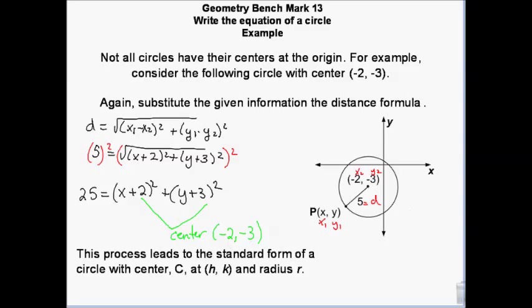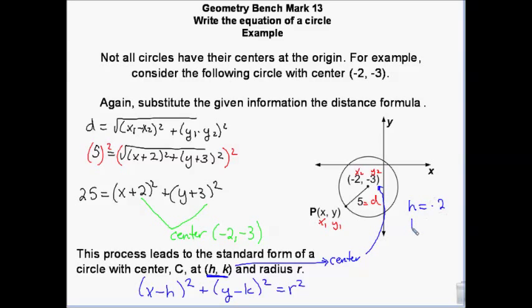And so this gives us the actual equation of a circle with any center. And that is x minus h squared plus y minus k squared is equal to r squared, and h, k is the center. So in this example up here, h is equal to negative 2 and k is equal to negative 3.